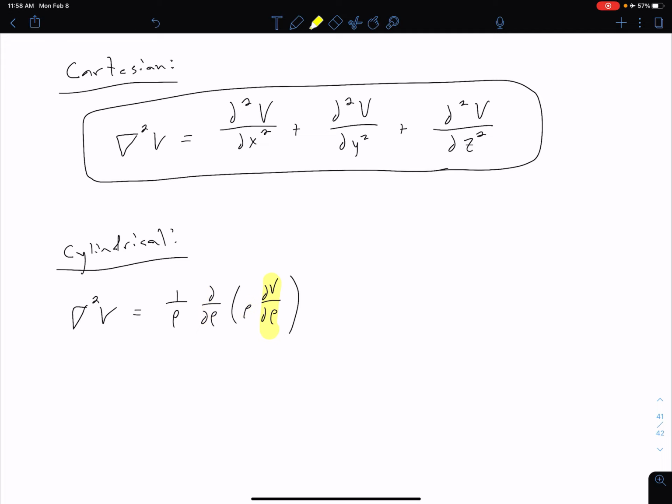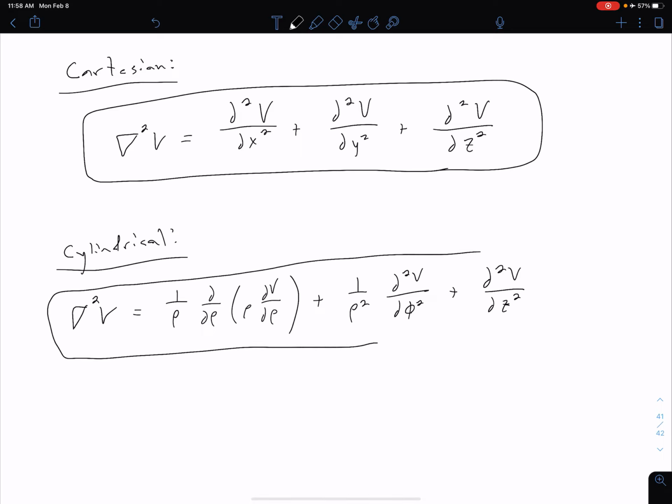So be very careful about the order of operations. Our next term is plus 1 over rho squared times the second partial derivative of V with respect to phi, plus the second partial derivative of V with respect to z. So that is our expression for the Laplacian in cylindrical coordinates.